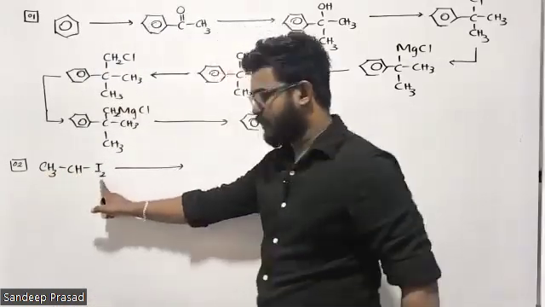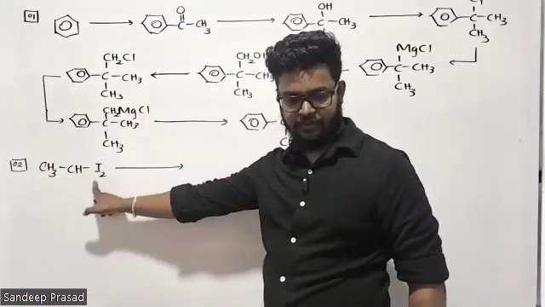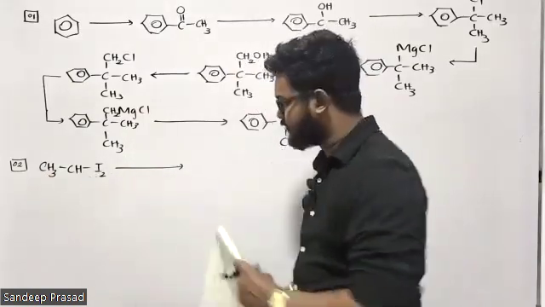So CH2 means there are two hydrogen atoms connected to the carbon atom. Try to understand what I have written here.